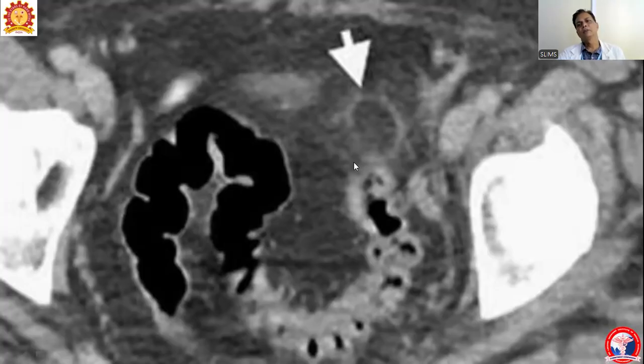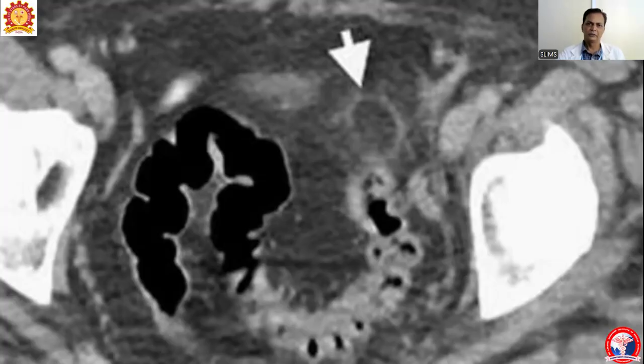This is another example. This is the sigmoid colon here. We are at the level of the femoral head, so in the pelvis actually. Along the sigmoid colon, epiploic appendagitis is very common.